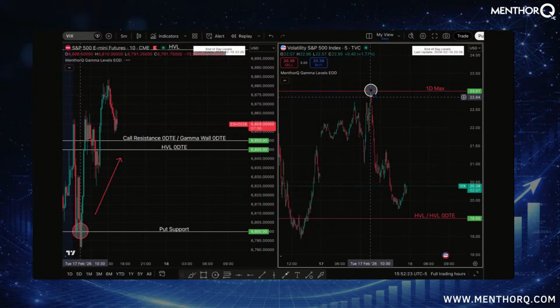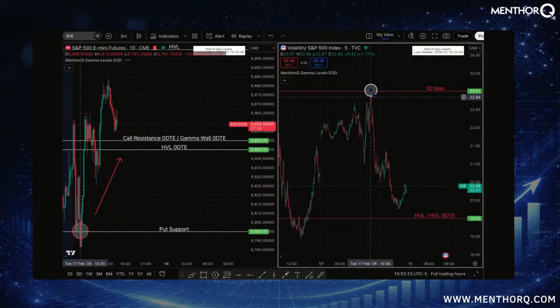Sure. So the first thing before we go into the dashboard is what you see here is a screenshot of what we were discussing yesterday. If you follow us, Patrick was talking about how the put support here, yes, in this case, was actually a very great level at play.